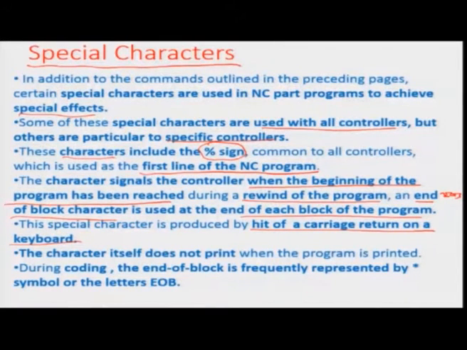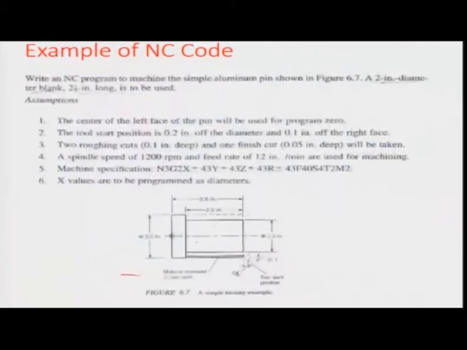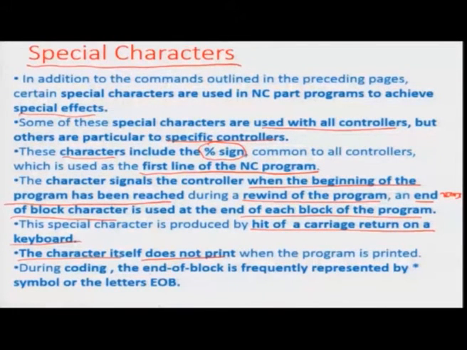Okay. So, the controller then reads that line up to the EOB command and then starts the next line. The character itself does not print on the screen, but it has to be there because of the tabbing that you are doing. Okay. When the program is printed, and during coding, the end of block is very frequently represented by a star symbol, okay, which says that it is as well the end of the program.